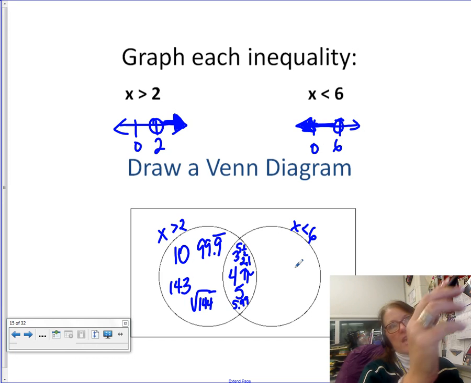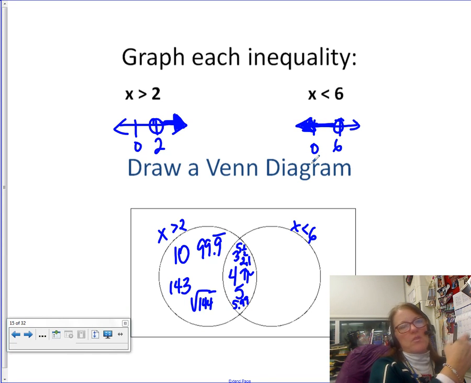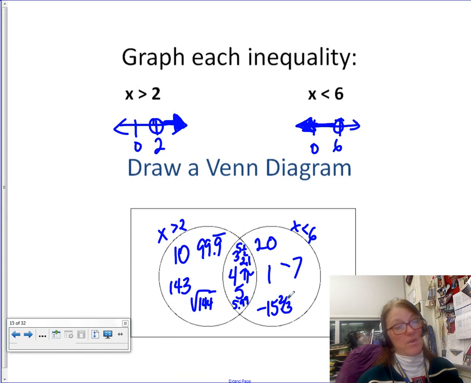As you look at this number line, where 2 is, and then beyond that, things like 0 or -7 or -15 2/3 or 1. Or even 2 itself would actually be there because 2 is less than 6, but 2 isn't bigger than 2. There's no equal sign there. Okay, get the idea? Here we go.